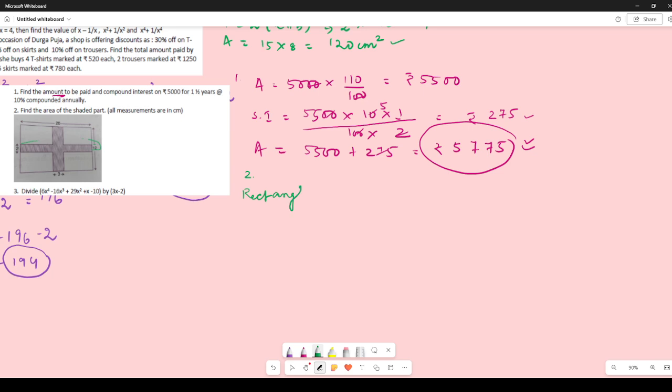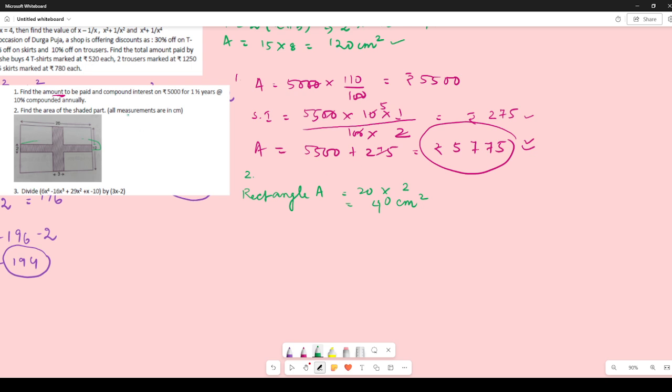Rectangle A will be equal to, the length is what? 20 centimeters into width 2 centimeters. That will be equal to 40 square centimeters.